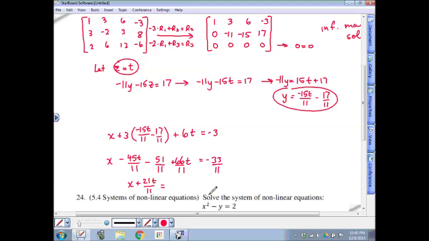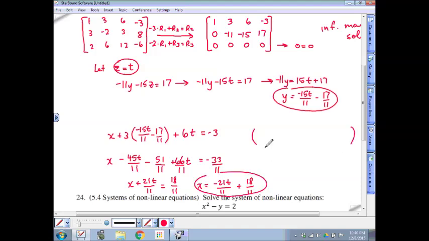So if you add 51 to negative 33, you're going to get 18, so this is 18/11ths. Subtract the 21t/11ths to the other side, and you get x equals negative 21t/11ths plus 18/11ths, and there's your value of x.